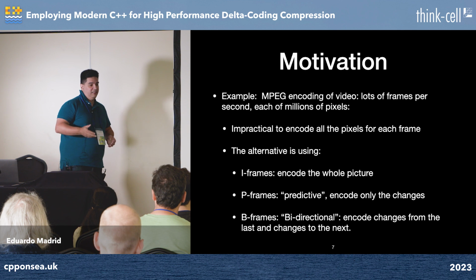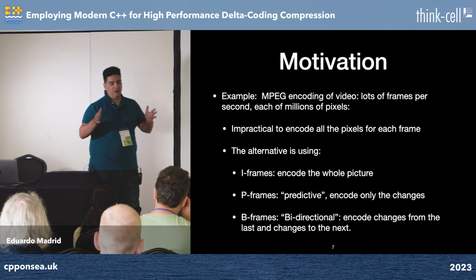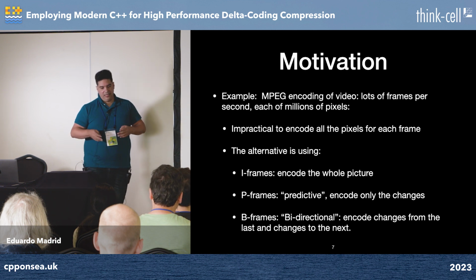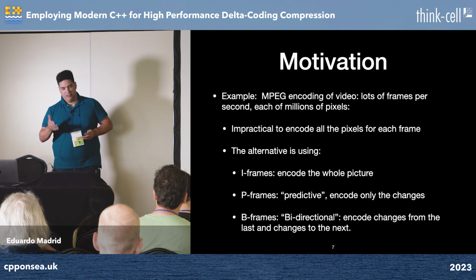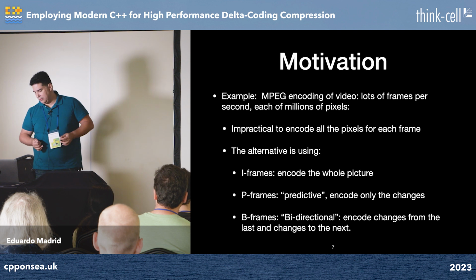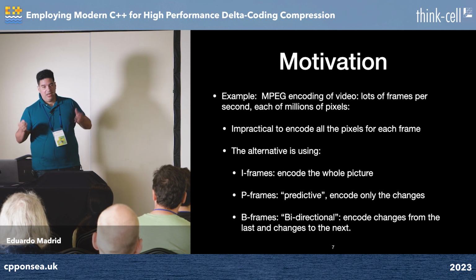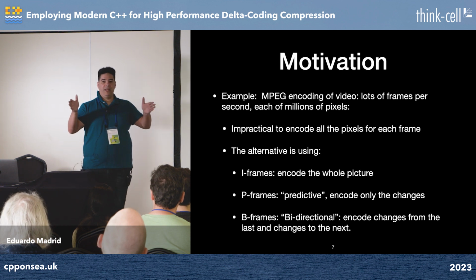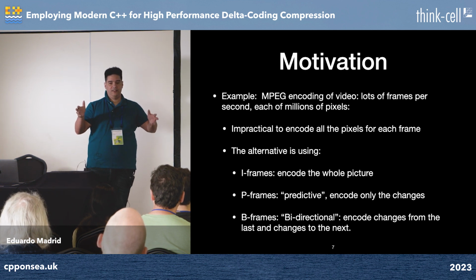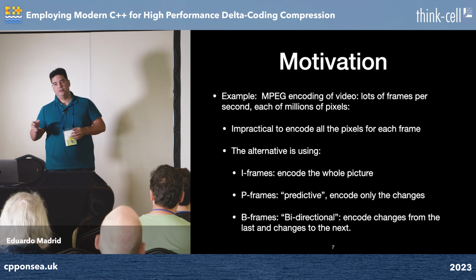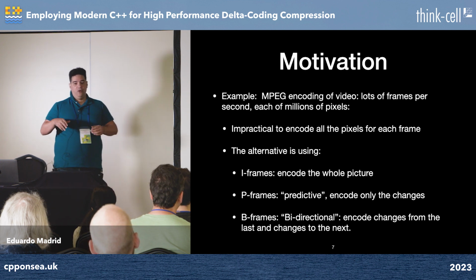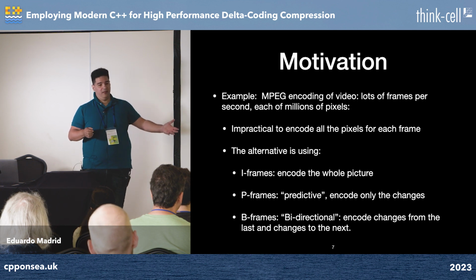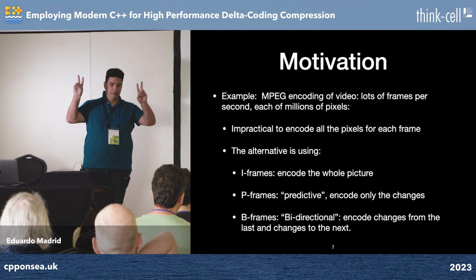So the alternative is, once you have compressed an individual frame using discrete cosine transforms or other techniques, you can have a sort of snapshot from where you're going to be applying changes, and those are the I-frames. Then you apply changes to the I-frames via P-frames, which are predictive.